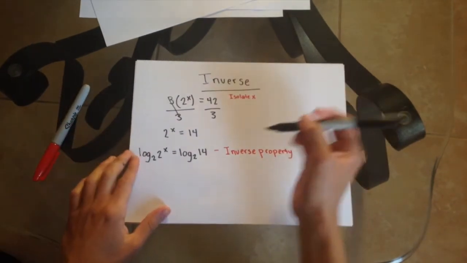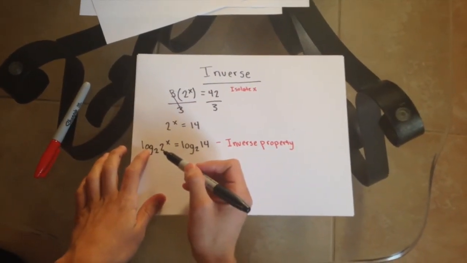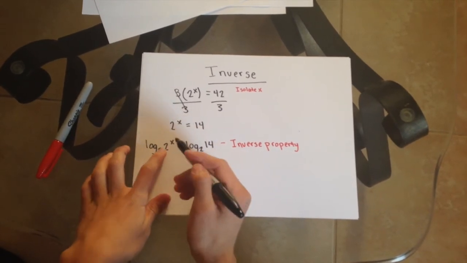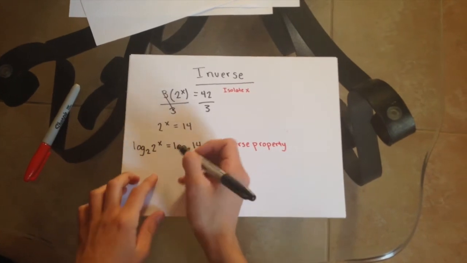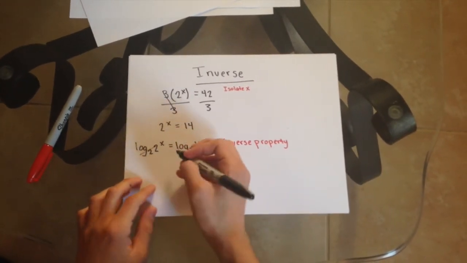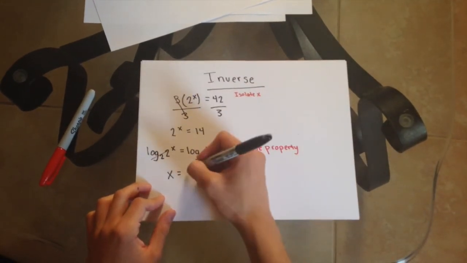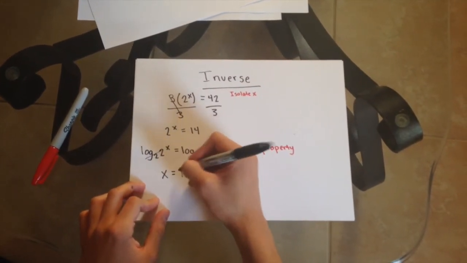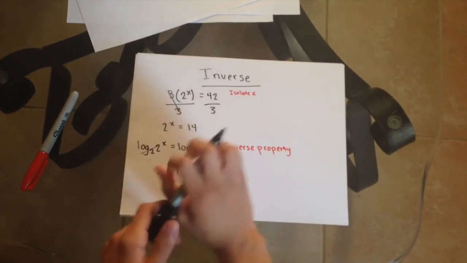As stated earlier, when log base a is applied to a to the exponent, it just equals the exponent. So we have x, now that we've completed the inverse property, is equal to log base 2 of 14.